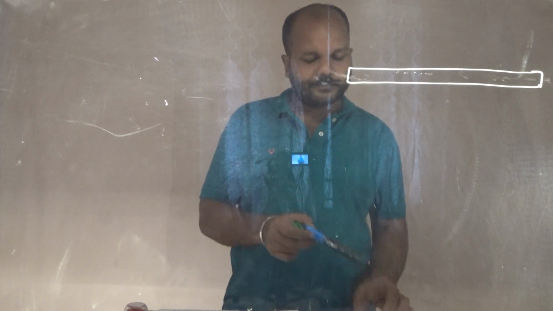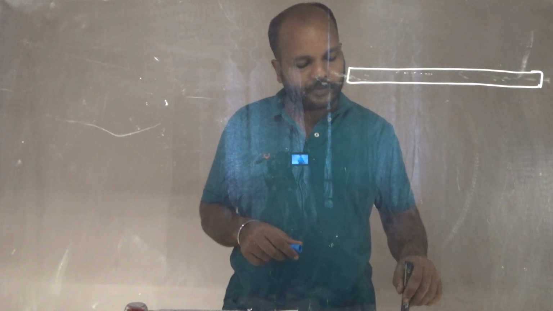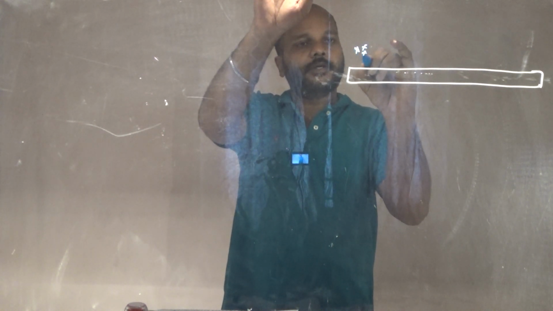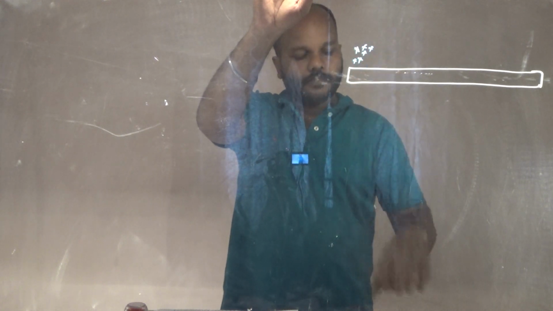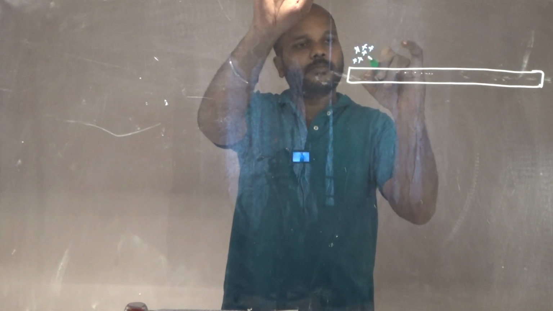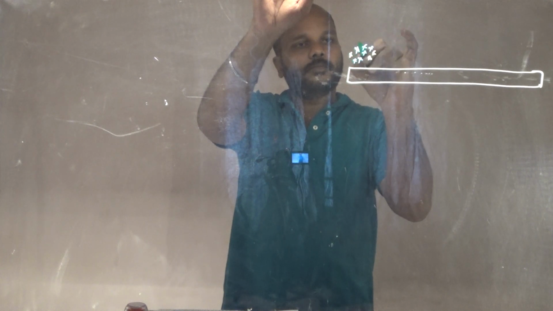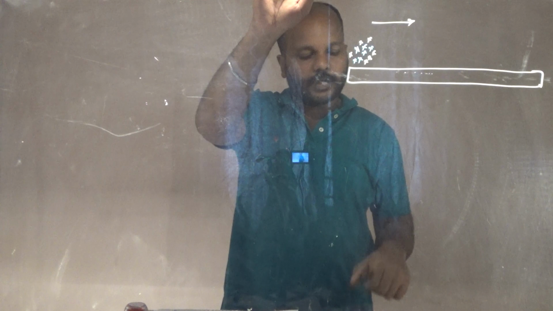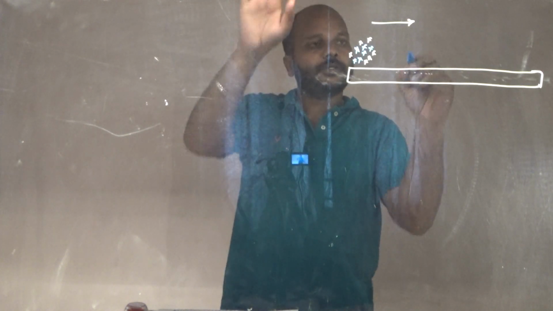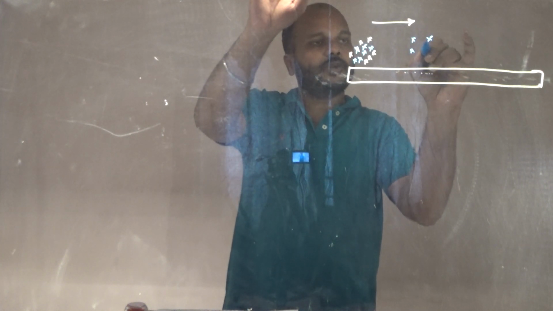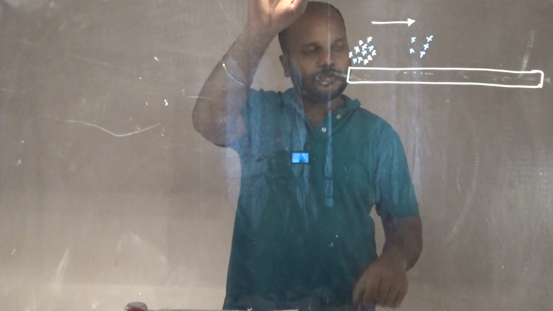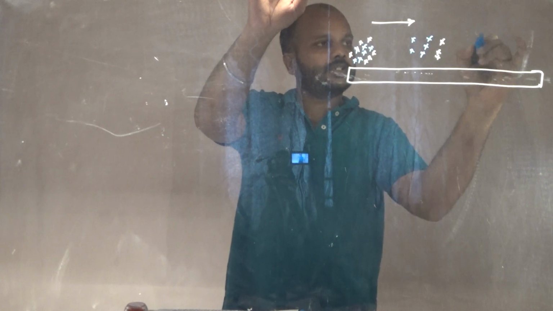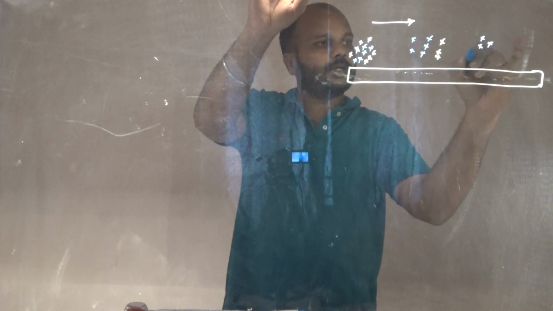Let this be component A, and this is one component, and this is again another component. So when it is moving, it will start to separate slowly. You can see it will separate, and once it reaches here, it will separate out here.